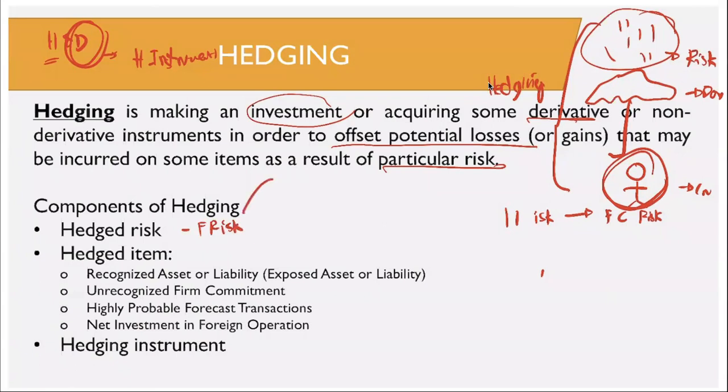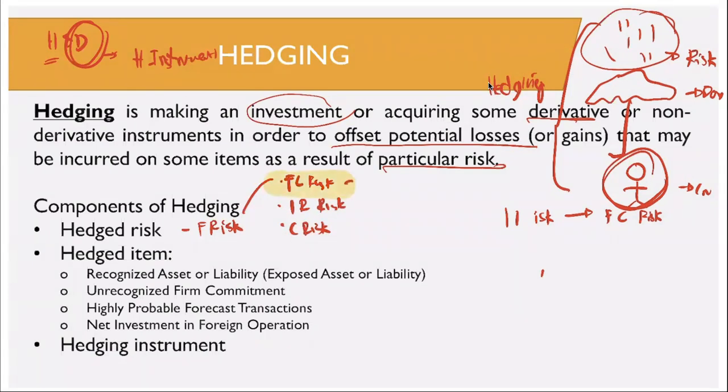When we talk about financial risk, we have different types of risk, such as foreign currency risk, interest rate risk, and credit risk. If you still remember, these are the different types of risk under AE 115. But here in AE 120, what we particularly hedge is the risk of a foreign currency.